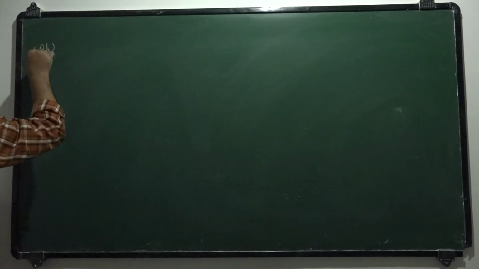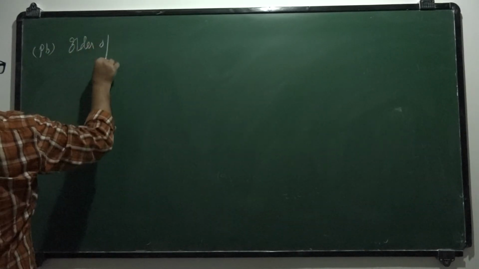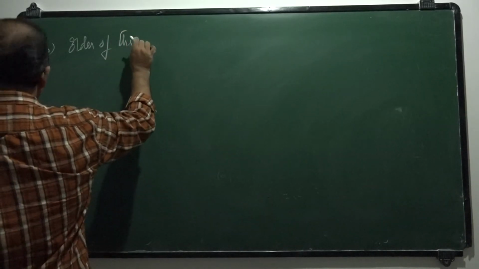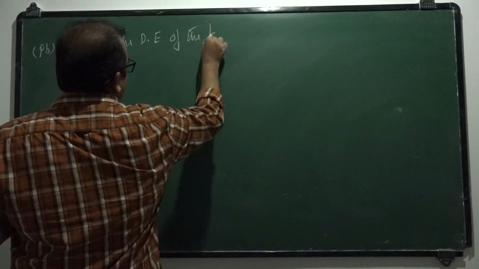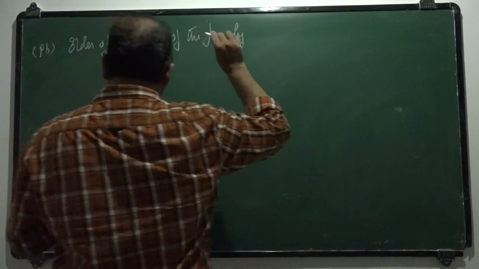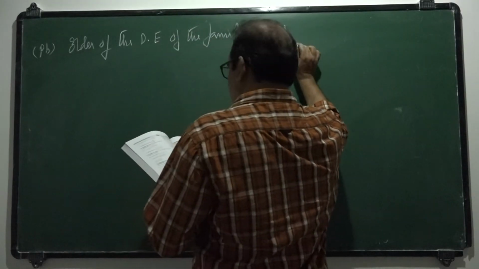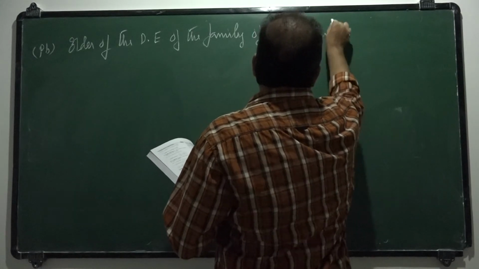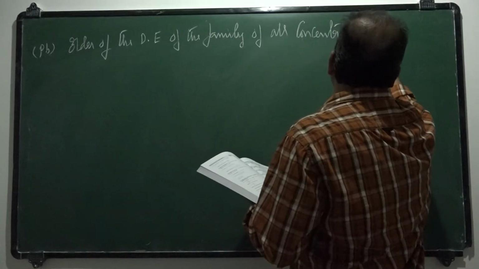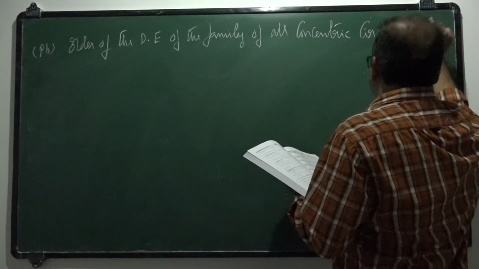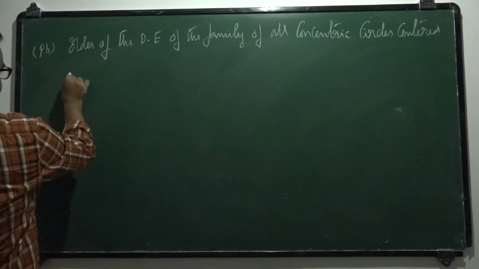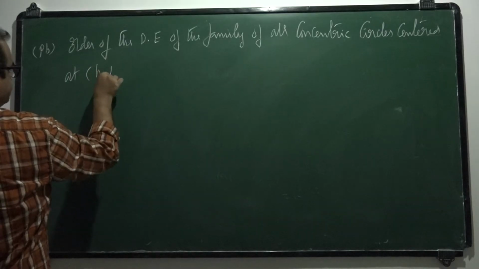Next problem. The order of the differential equation of the family of all concentric circles centered at (h, k) is.